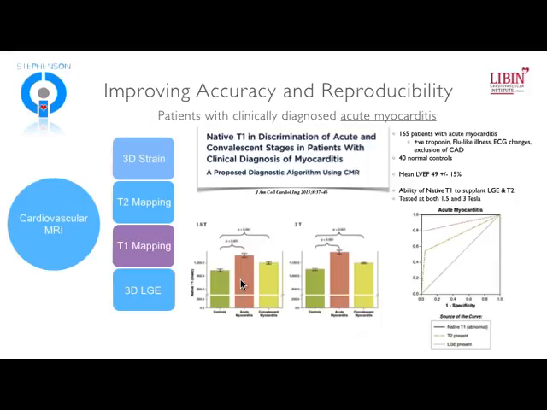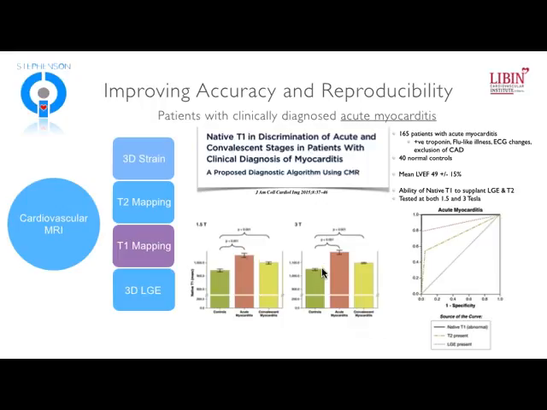And so what was studied here was the ability of T1 mapping done prior to contrast to supplant really our other techniques, late gadolinium enhancement and T2. And what you can see here is versus controls, patients with acute myocarditis, and they also fortunately studied convalescent stage myocarditis, so they continued to image these people in 3 and 6 months, and also out to 1 year, I believe.